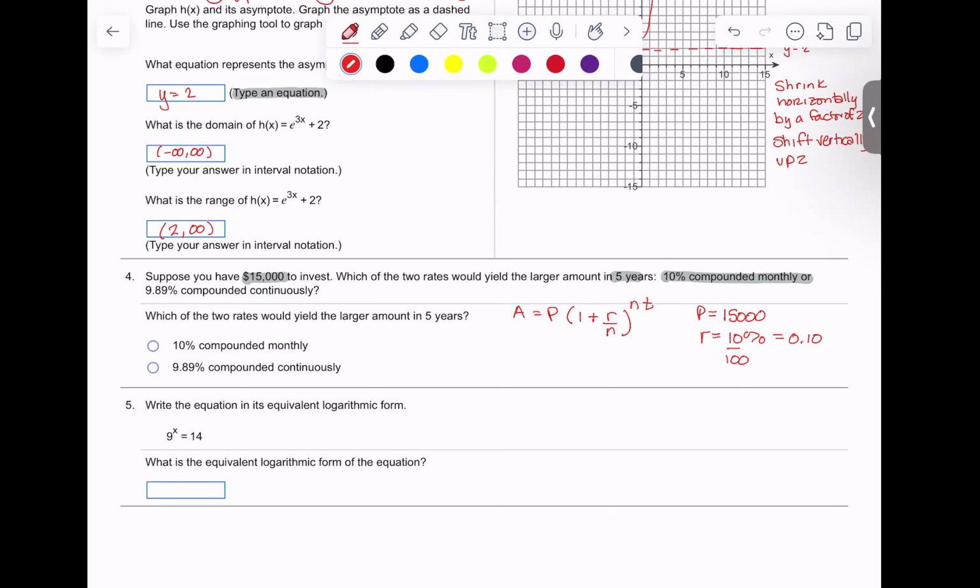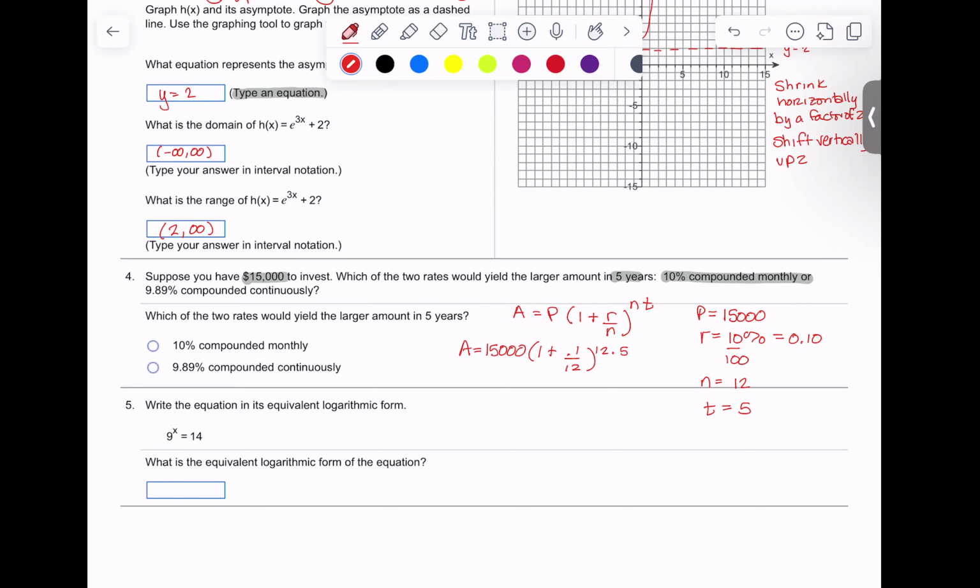And we're compounding monthly, so there are 12 months in a year. So N is 12 for 5 years. So we're going to plug and chug. So the amount we have in the account is 15,000 times 1 plus 0.1 divided by 12. And we're going to raise that to the 12 times 5 power.